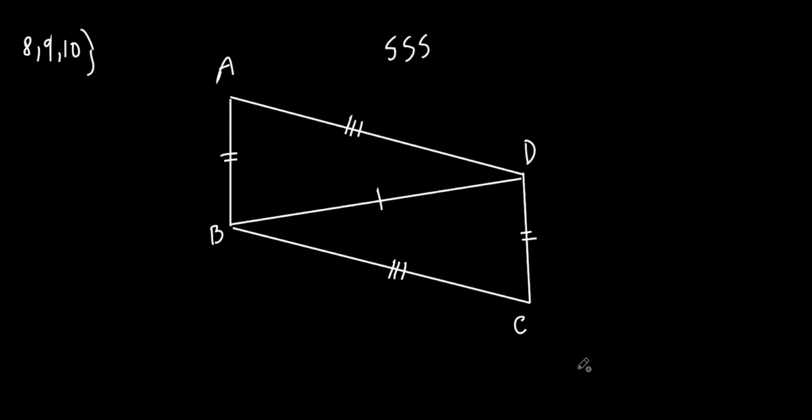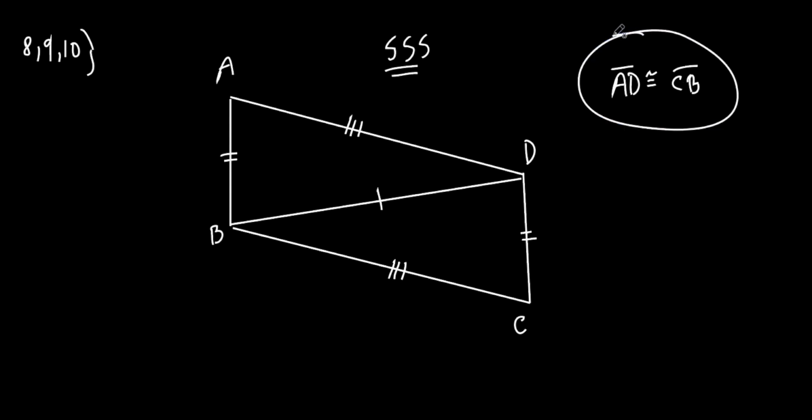They're going to be congruent because of what reason? Side, side, side. So what's my answer? What was the additional information that I had to say? Yep. So I'm going to say that AD is congruent to, if I go AD, we'll go CB. It doesn't matter what order in this case. You could call it DA, you could call it BC, it doesn't matter. But that right there is your answer.